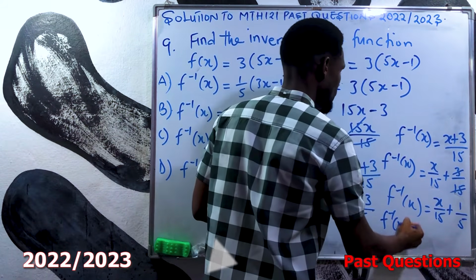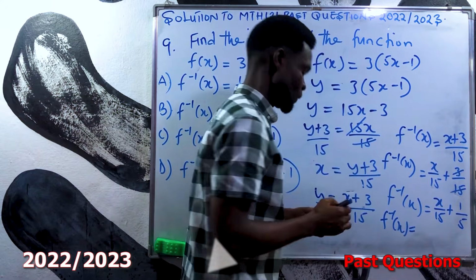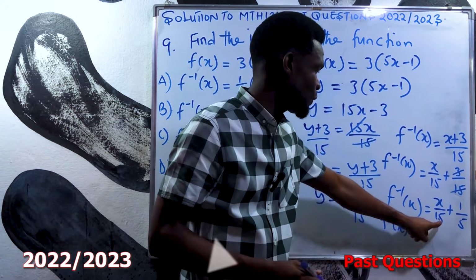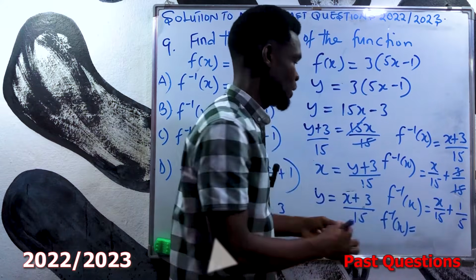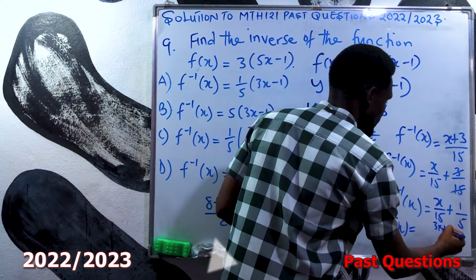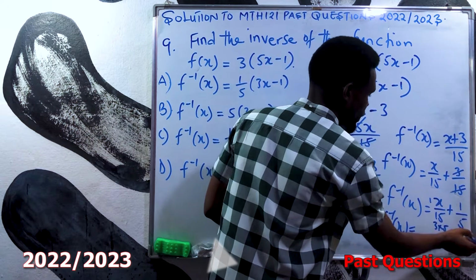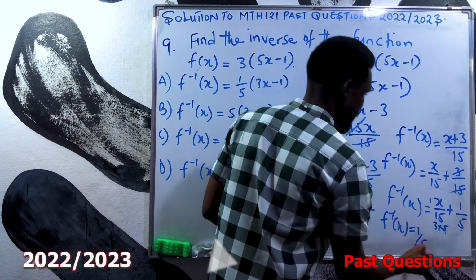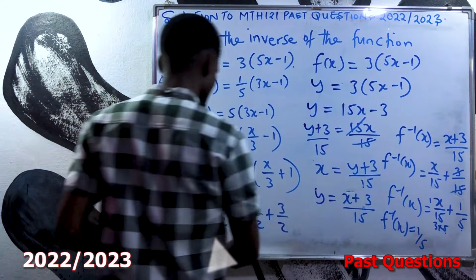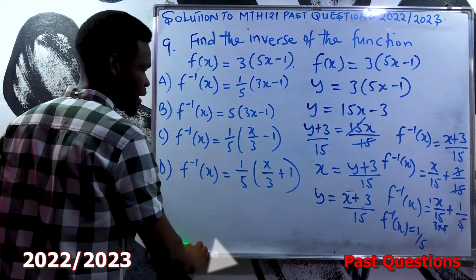Then if you notice, something is common because 15 here is 3 times 5. That means that 1 over 5 is here, 1 over 5 is here. I bring out 1 over 5. Let me write the answer here.